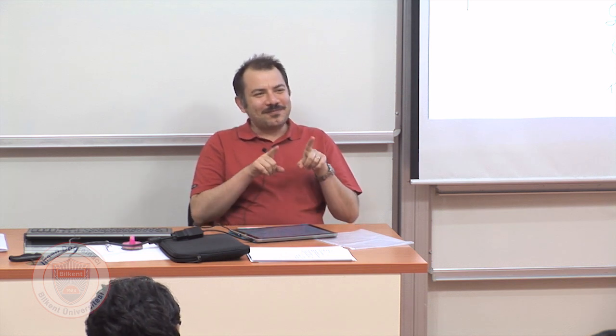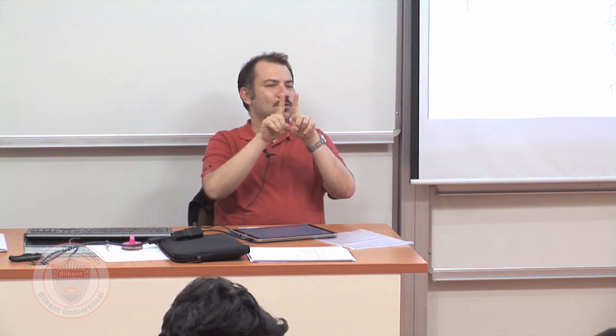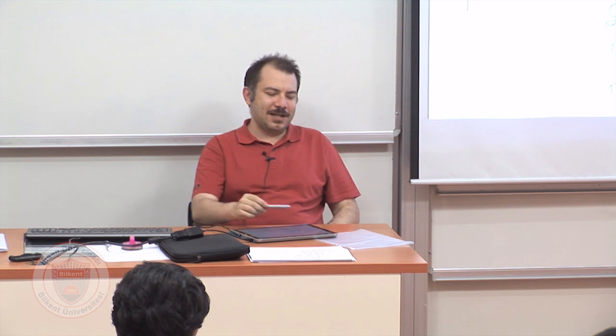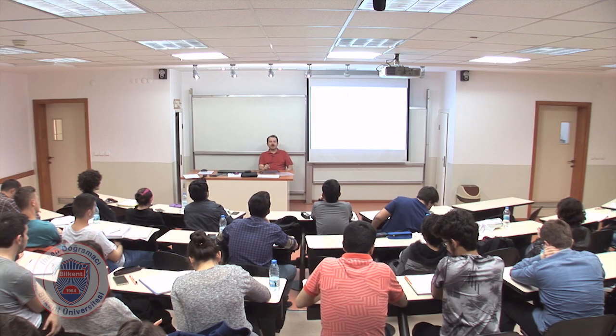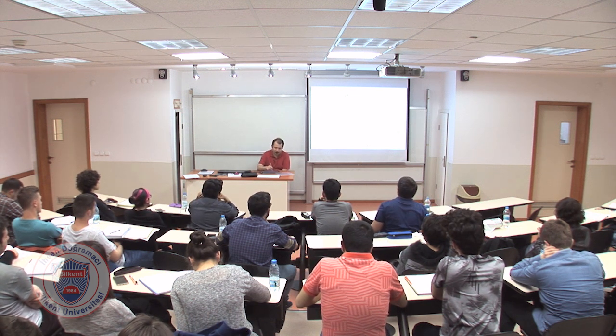Now, if I had two currents in the same direction, did they pull each other or push each other? They pulled. Now, here, what kind of forces will there be?